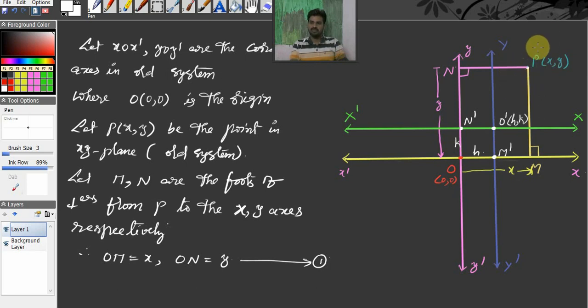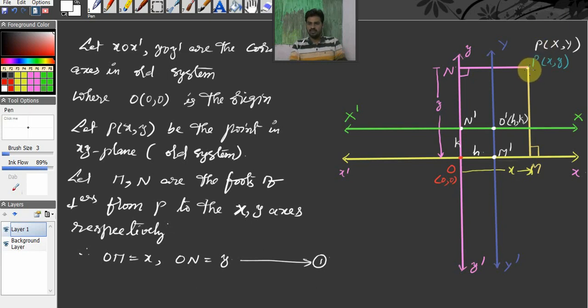So let small x, small y be the old system coordinates of P. Let P(capital X, capital Y) be the coordinates of the point P in the new system. Here new system means capital X and capital Y. Now we are going to find the capital X value and capital Y value of the coordinates of P.